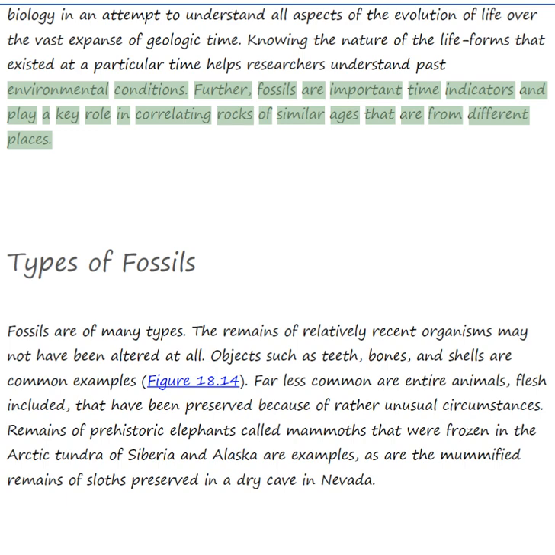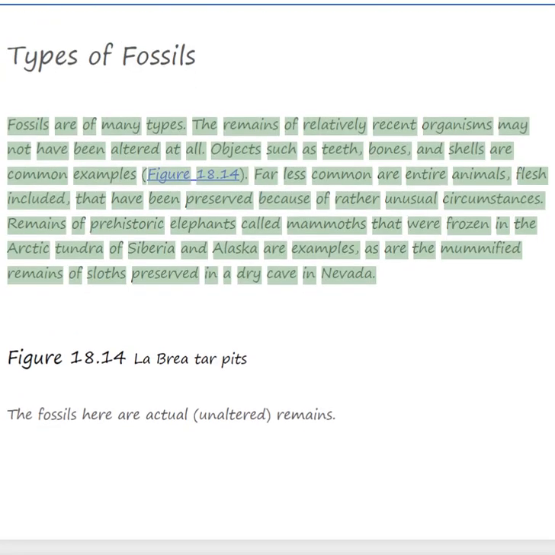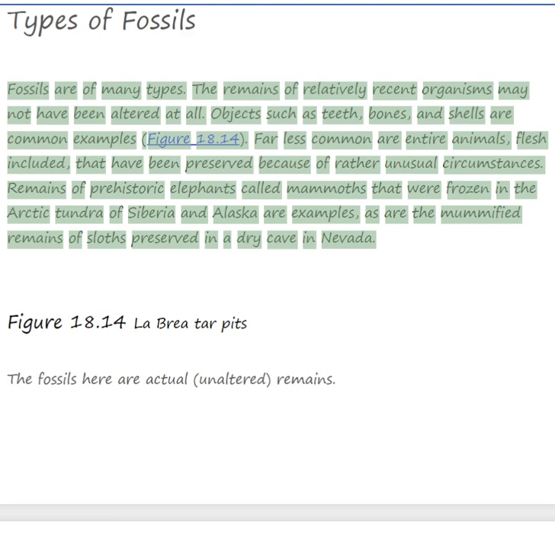Types of fossils. Fossils are of many types. The remains of relatively recent organisms may not have been altered at all. Objects such as teeth, bones, and shells are common examples. Far less common are entire animals, flesh included, that have been preserved because of rather unusual circumstances.